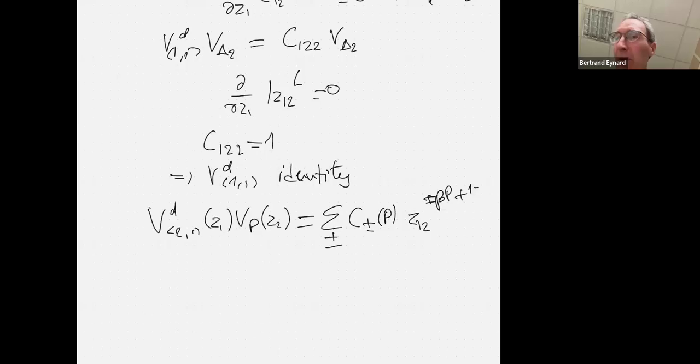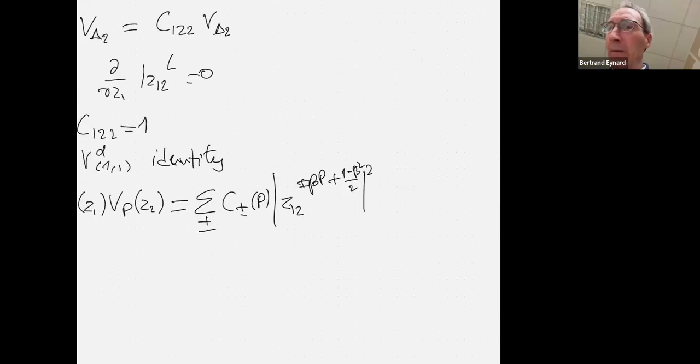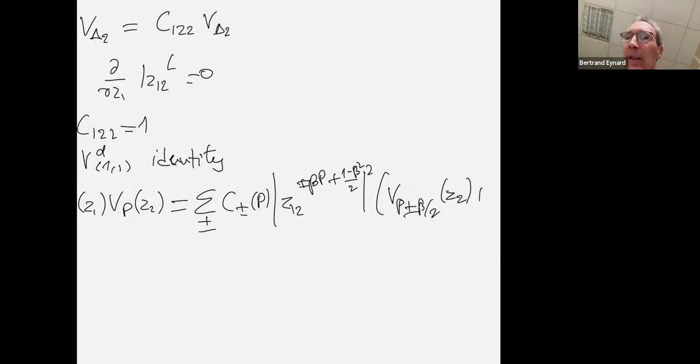And the two primary fields that appear are VP plus minus beta over 2 of Z2 plus descendants. So this is the OPE of V21 with an arbitrary primary field.